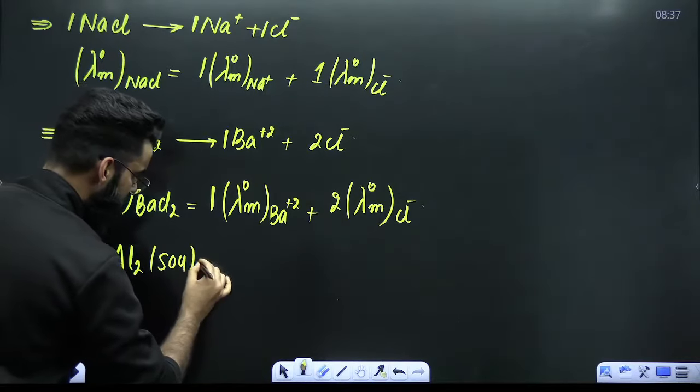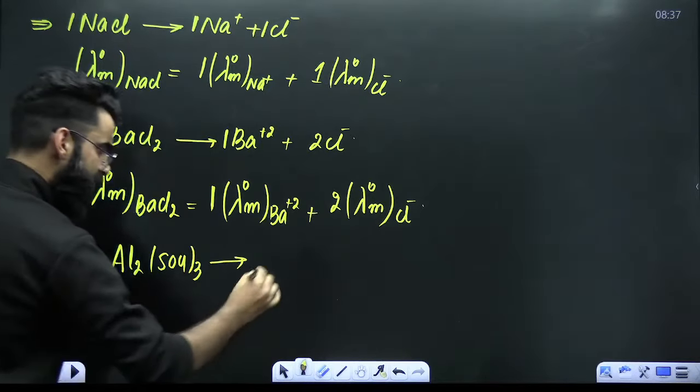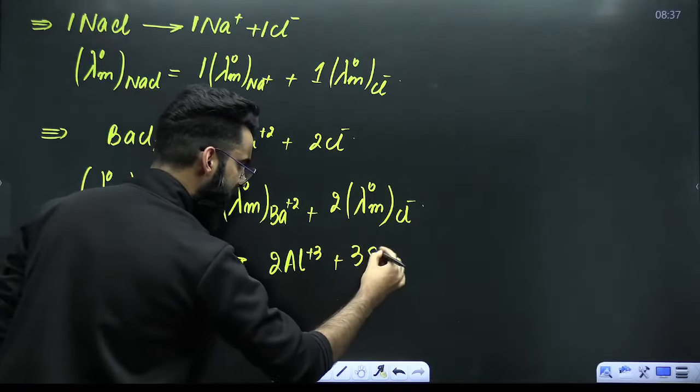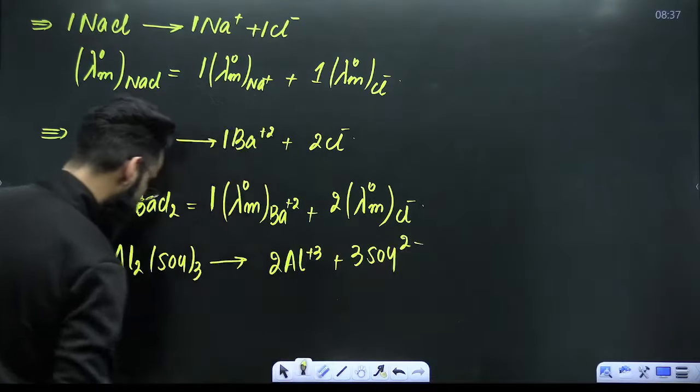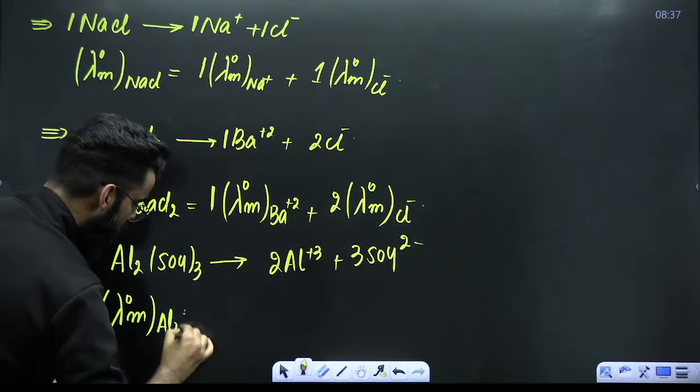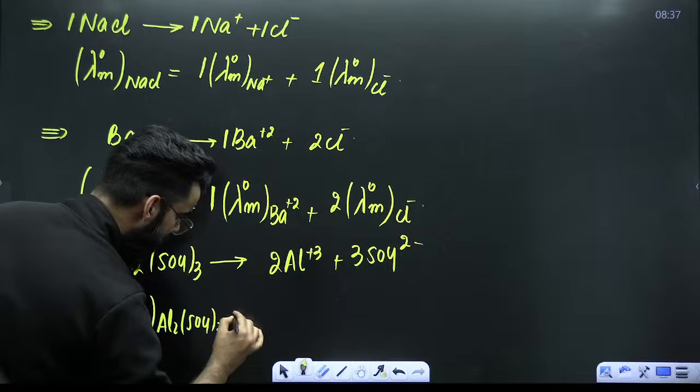For example, you have got an electrolyte like Al2(SO4)3. How would it have dissociated at infinite dilution? It is 2 times Al tri positive plus 3 times SO4 di negative. Now, if you want to write the molar conductivity at infinite dilution for Al2(SO4)3, you can write it like this.